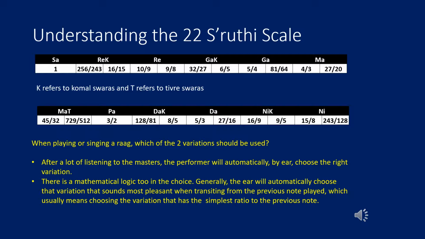After a lot of listening to the masters, the performer will automatically by ear choose the right variation. There is also a mathematical logic in this choice. Generally, the ear will choose automatically that variation that sounds most pleasant when transiting from the previous note played, which usually means choosing the variation that has the simplest ratio to the previous note.